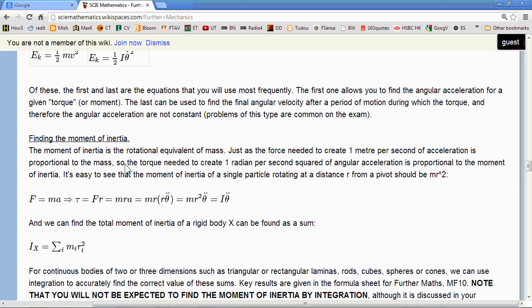And it just so happens that mass is the property of a body which gives it inertia. So for every kilogram of mass that a body has, it has one extra unit, so to speak, of resistance to change in its motion.